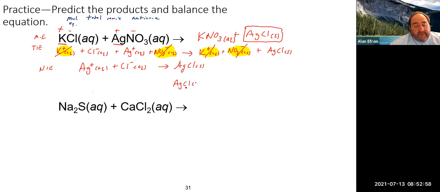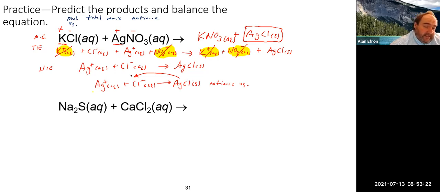And if you understand the ions that make this up, you know that this is a silver ion and that is a chloride ion. You can go backwards, if you will, from the precipitate to get to your net ionic equation, without having to write the total ionic equation, all that kind of stuff.